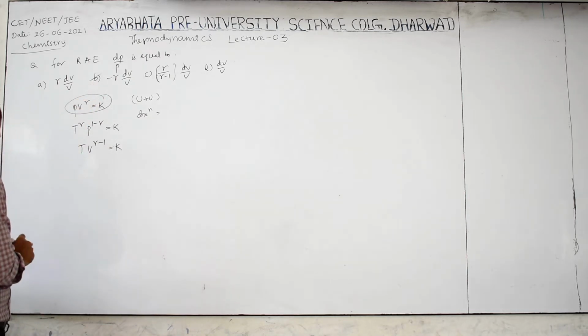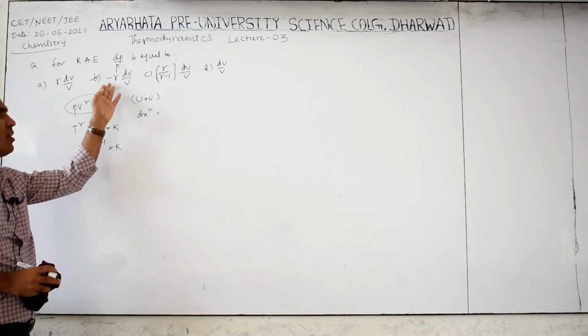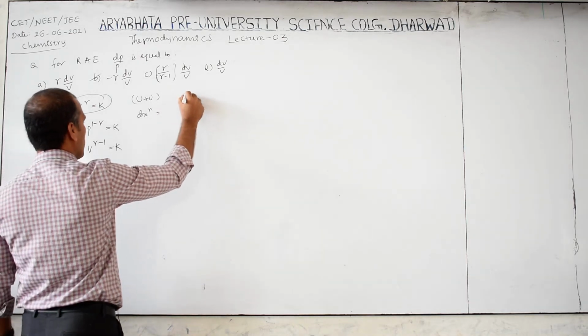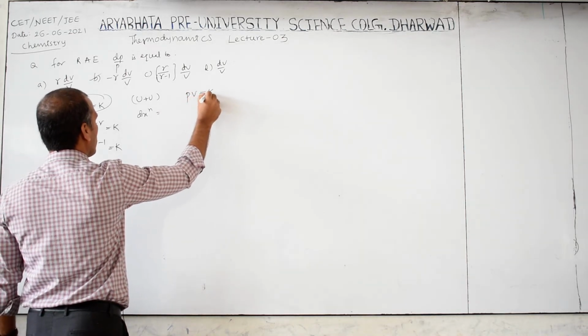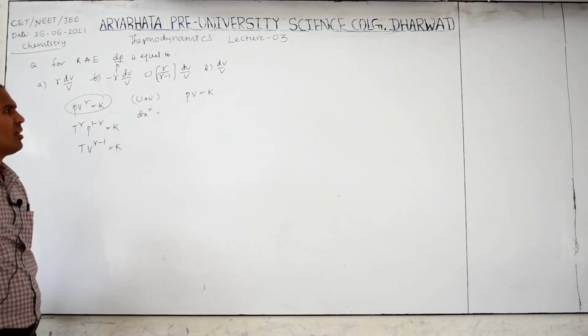You know differentiation from mathematics, so I don't want to explain it; you will directly get the option. Also for isothermal expansion, PV is equal to K, as you know from Boyle's law in states of matter.